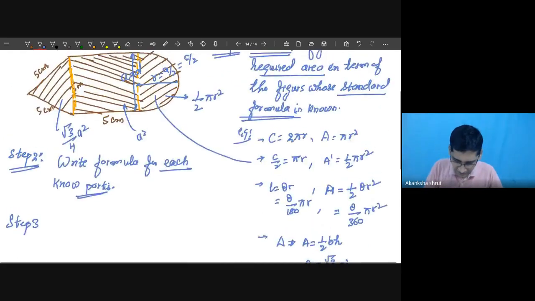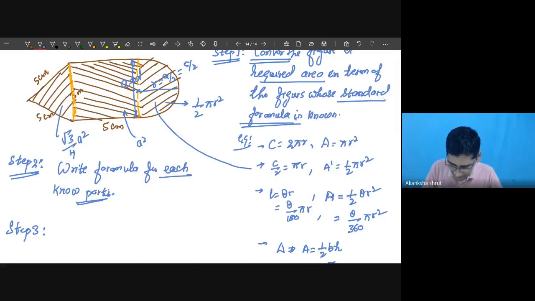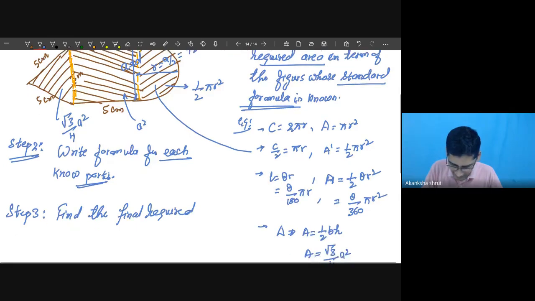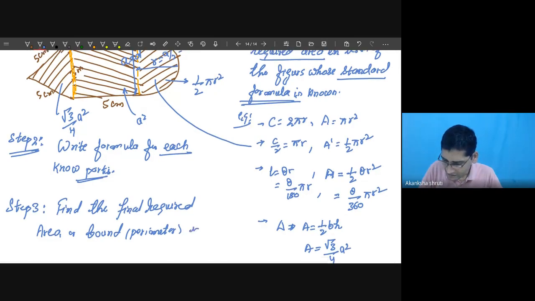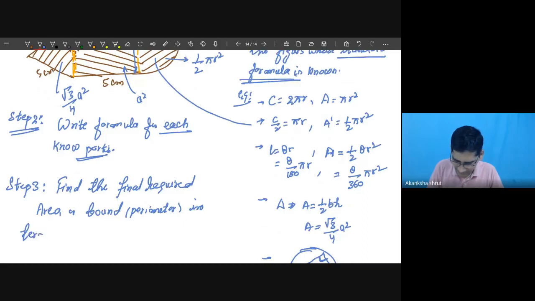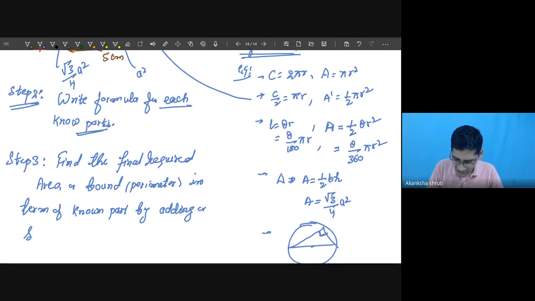So write or find the final required area, or boundary, maybe your perimeter, in terms of known parts by adding, or sometimes subtracting, or some part is added and some part subtracted.